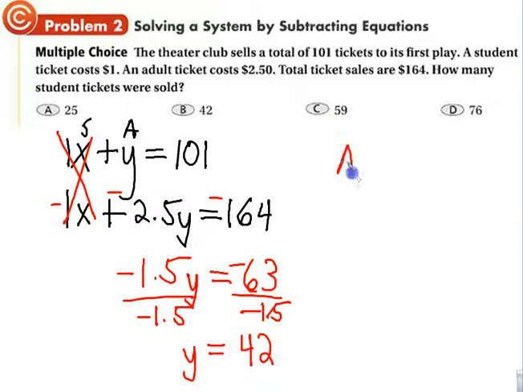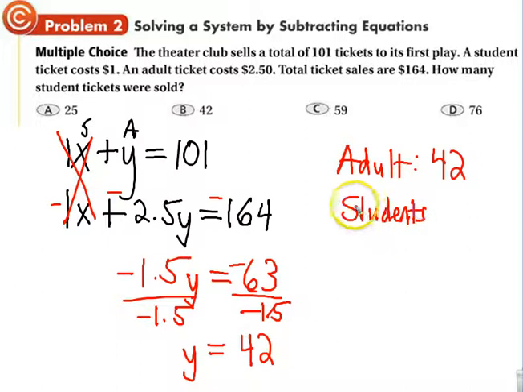So that means that the adults bought 42 tickets. So the students then bought 101 minus 42. So they bought 59.